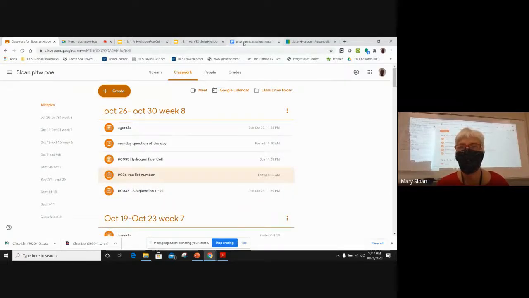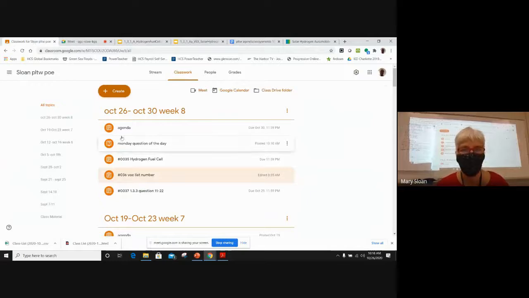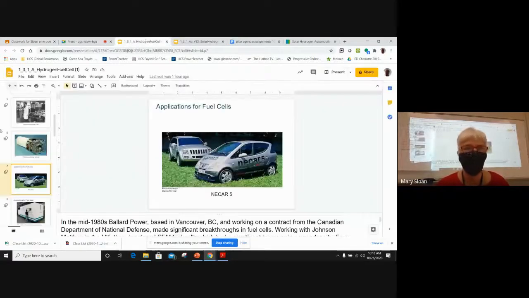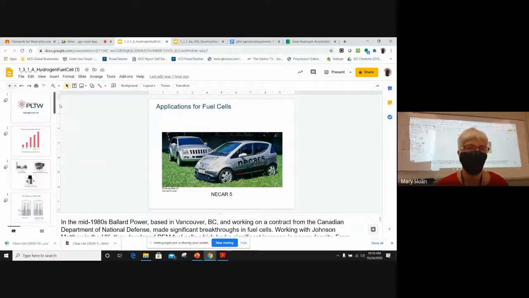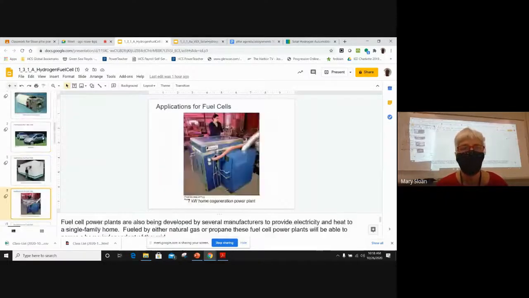What you'll do is open that up and copy that in your ISM book and attach it. The next thing it says is to look at the hydrogen fuel cell PowerPoint and take notes. You'll see a hydrogen fuel cell one and you'll see the VEX one. You're only going to open up the hydrogen fuel cell. It's going to take you to a PowerPoint that basically talks about hydrogen fuel cars and cells and how they work.